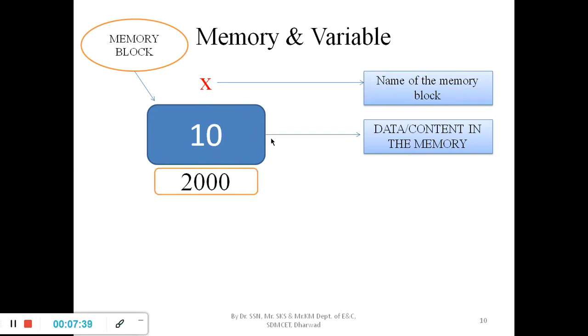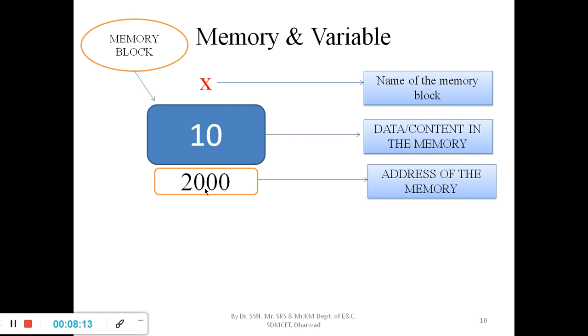Anyway, each and every memory must have some address, and here 2000 represents the address of the memory. Whenever we try to represent data, that data has to be stored in a memory block, that memory block should have some name, and here we call it X, and every memory should have some address.